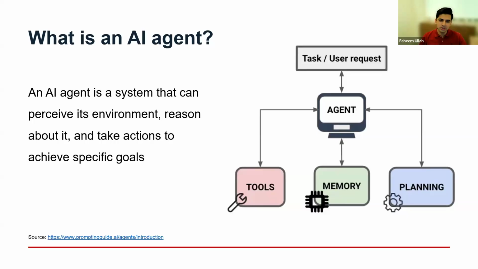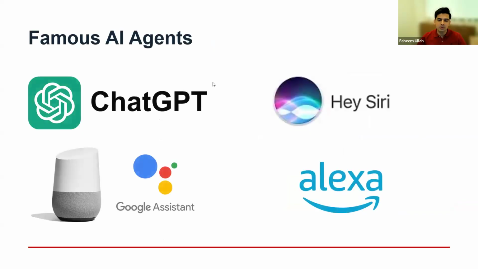Now, from the definition, you might not understand that well what exactly I mean by AI agent. However, if I show you the next slide, these might be more familiar to you. For example, I believe that all of you would know what ChatGPT is. Most of you would know Siri, Google Assistant, Alexa.